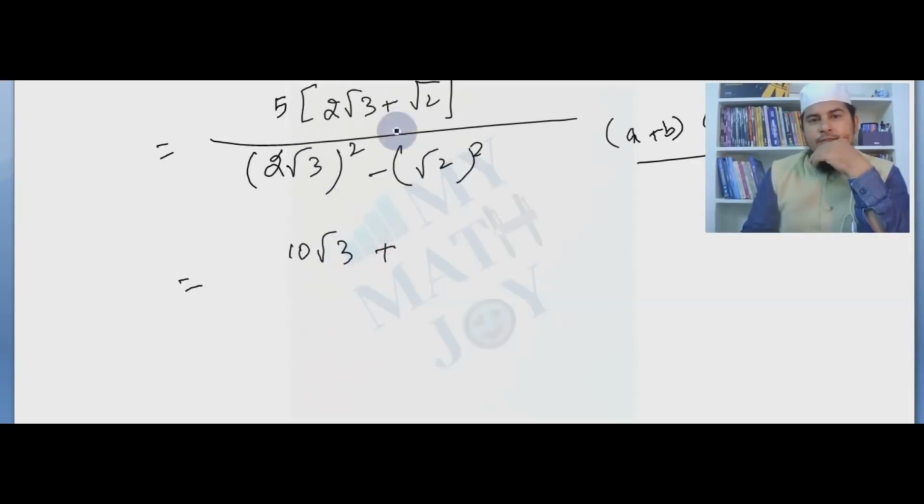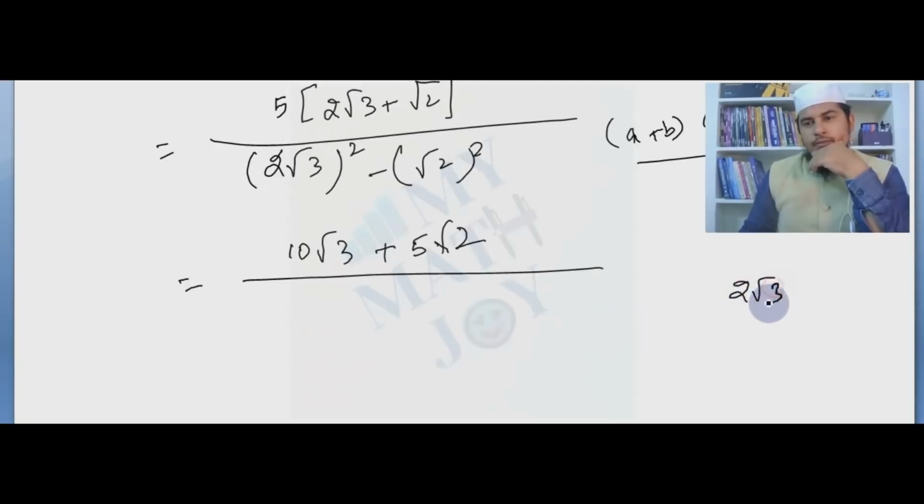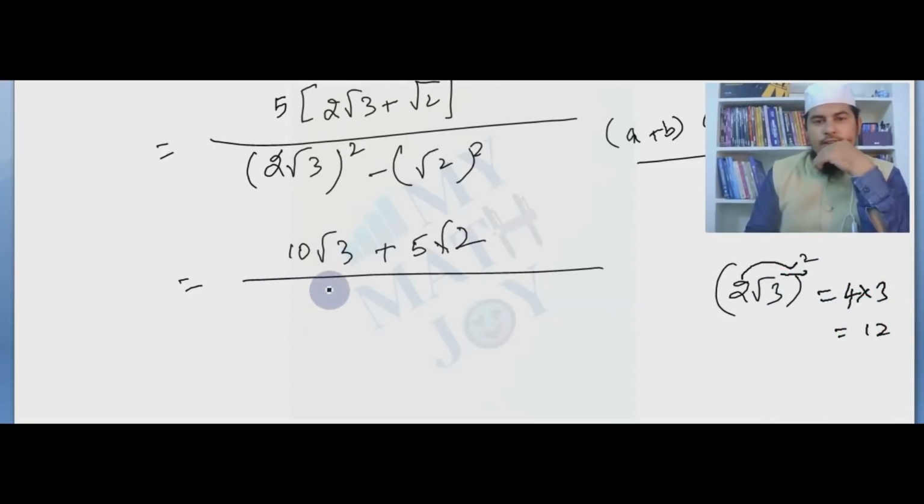5 times 2 root 3 is 10 root 3, plus 5 times root 2 is 5 root 2, divided by a square minus b square. It is made with the help of two numbers. So 2 square is 4, root 3 square is 3, and in between the multiplication gives 12, and root 2 square is only 2.